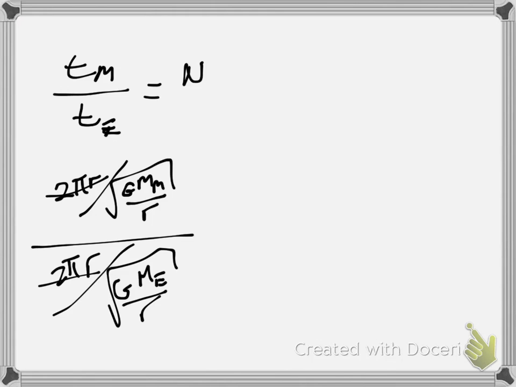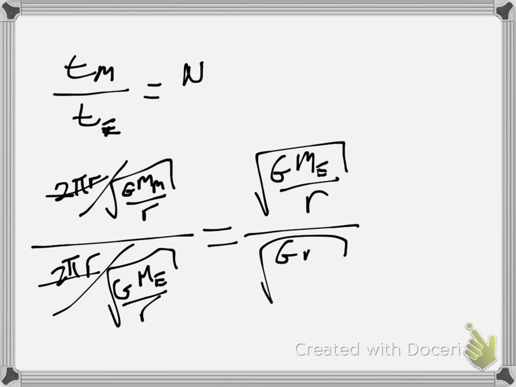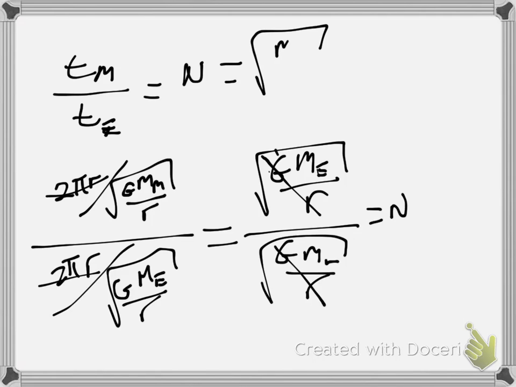Now, obviously, we can see that 2 pi r goes away, and this becomes the square root of big G mass of the Earth over r, over the square root of big G mass of Mars over r. So if we square that, that equals n squared. And if we square both sides, then the G and the r go away. So we get n is basically equal to the square root of the ratio of the masses, the mass of Earth divided by the mass of Mars.